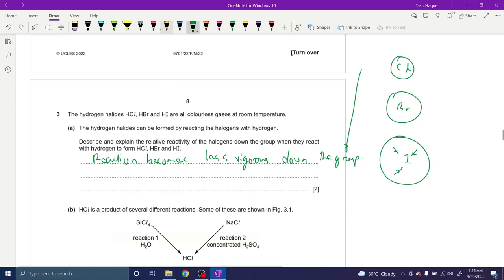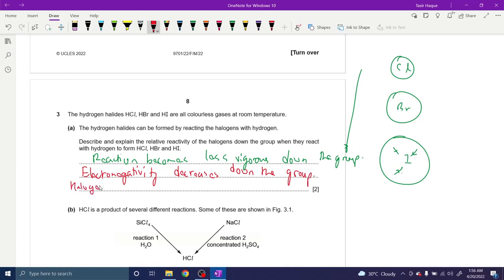So to get the second mark, you had around 6 points. You had to write any two from them. These are the points: electronegativity decreases down the group of halogens. We're talking about halogens.